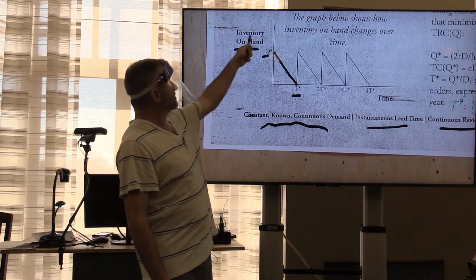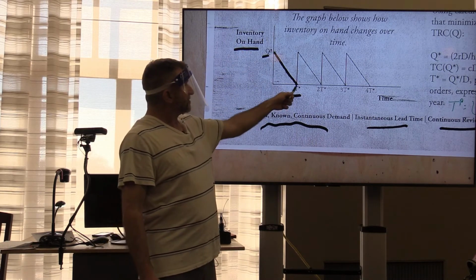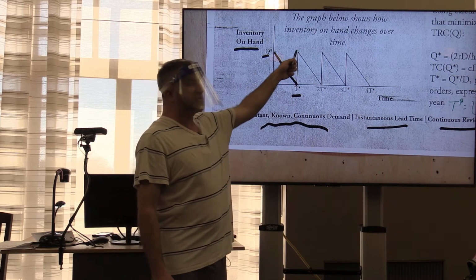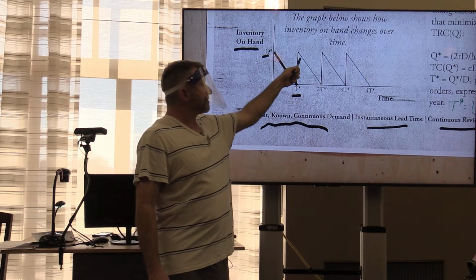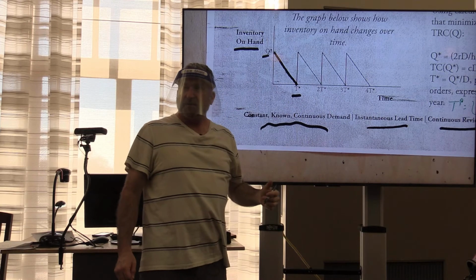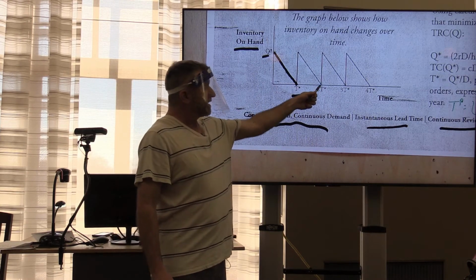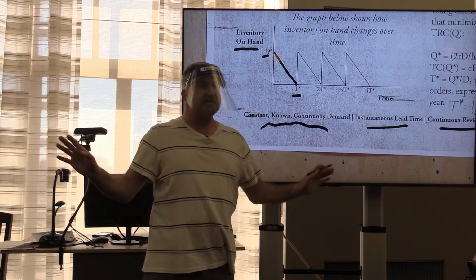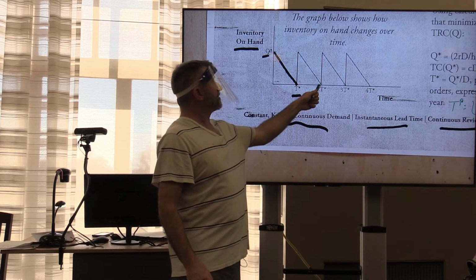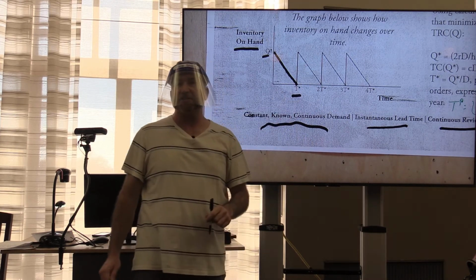So this is inventory on hand. At T star, inventory goes from 0 to Q star. And then we immediately start drawing it down by the same amount. When 2 time periods have gone by, 2 times T, we're placing our second order. At that time period, we're completely out of inventory. We place another order, and it comes instantaneously.